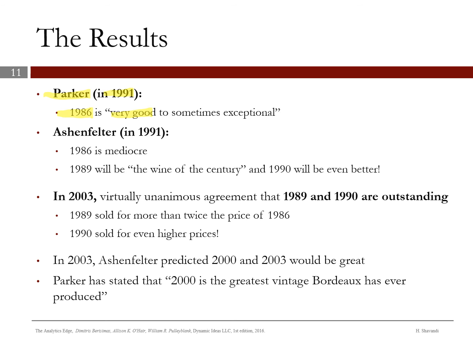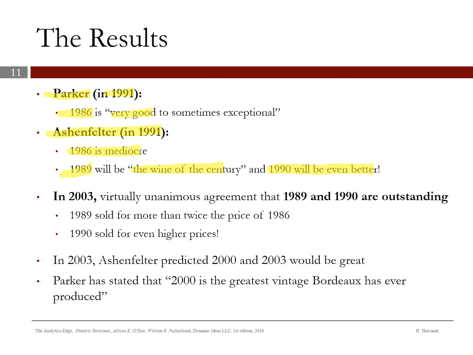But in the same year, Ashenfelter, using the regression model, predicted that 1986 would be mediocre, but the wine produced in 1989 will be the wine of the century, and 1990 will be even better.